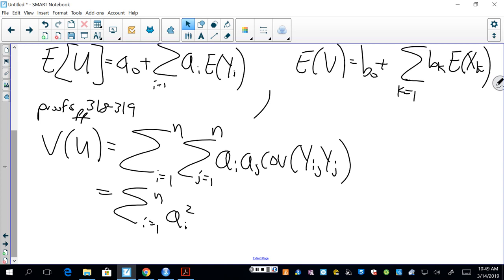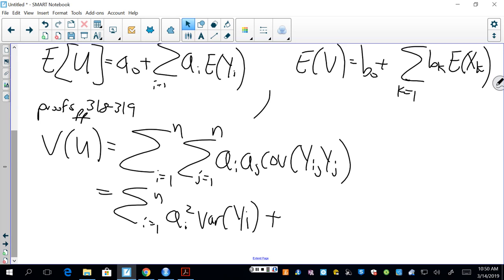Because if you have a variable minus its mean times the other variable minus its mean, and they're the same variable, it's a variable minus mean squared, so it ends up being variance. So this is the variance of a variable. And then another way of expressing it, so we have all those cases where I and J are different.